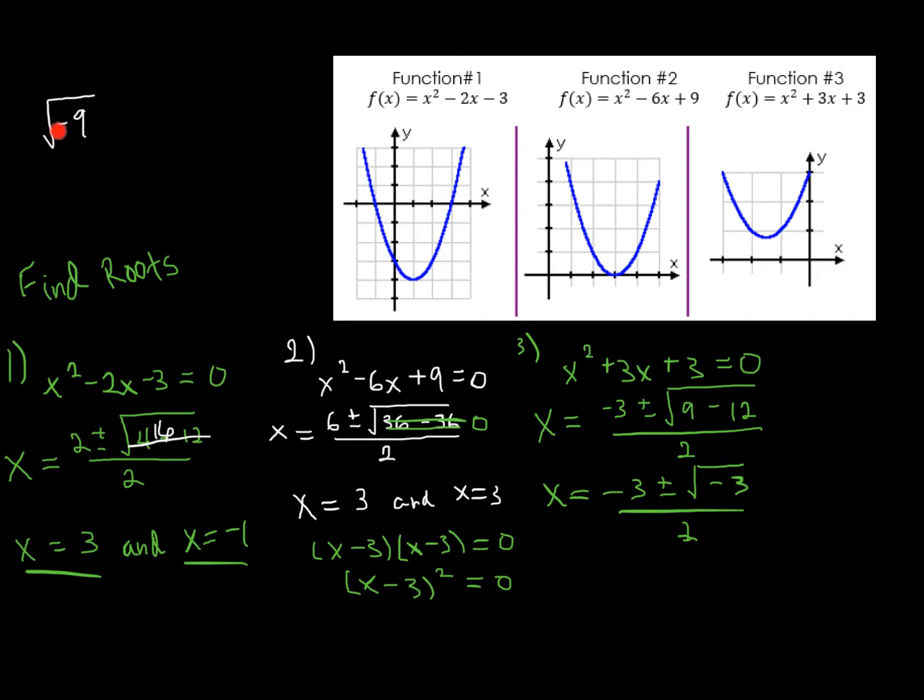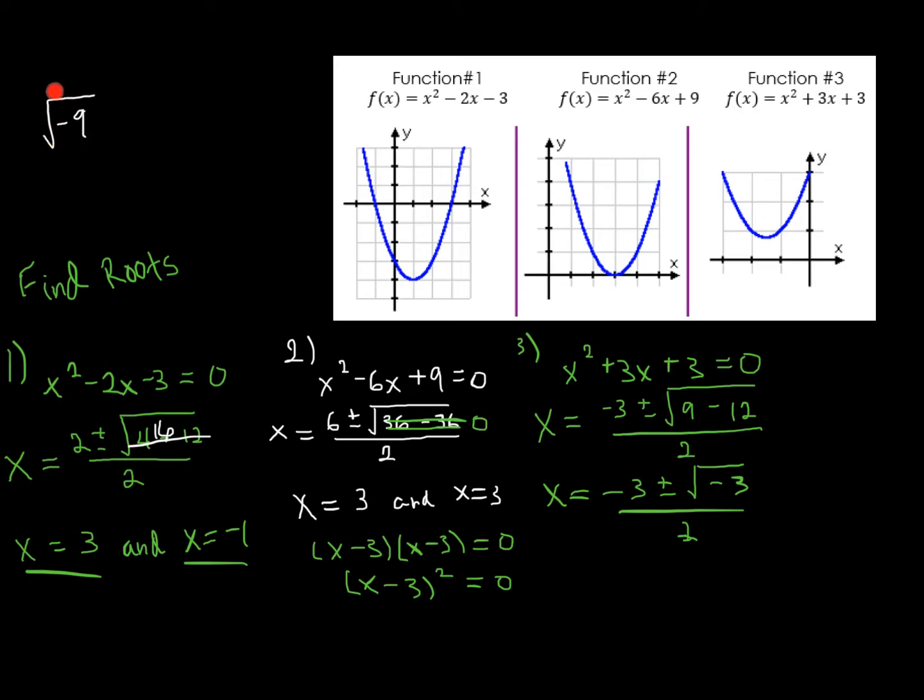Well, the square root means you're finding a number that you can multiply by itself to get the number inside. So if you said negative 3 was correct, try multiplying negative 3 by itself, and you'll get positive 9. So negative 3 isn't the square root of negative 9. What about positive 3? Well, certainly that's not correct because 3 times 3 is positive 9.